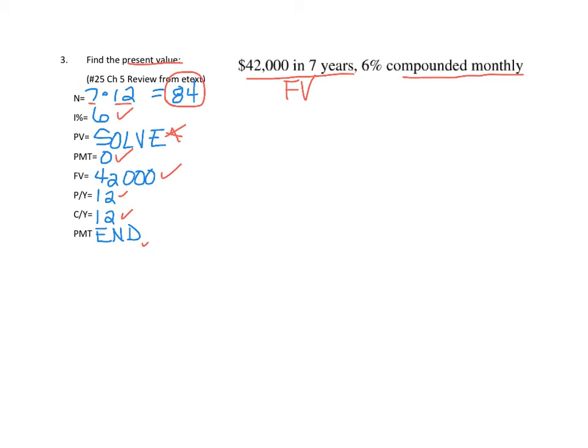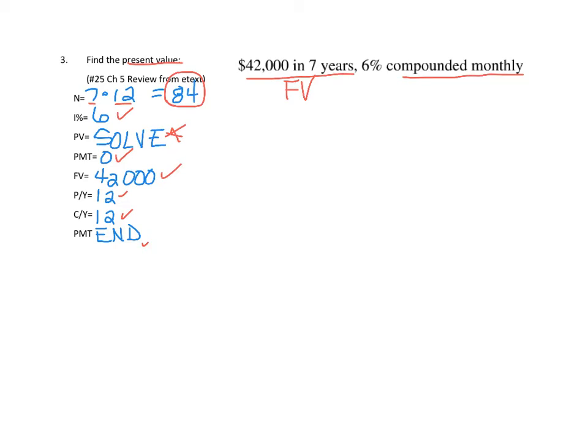So again, going to the TVM solver, n is equal to 84, I is equal to 6. We'll start out with the present value of 0 and then solve for it. 0 for the payment. 42,000 is our future value.